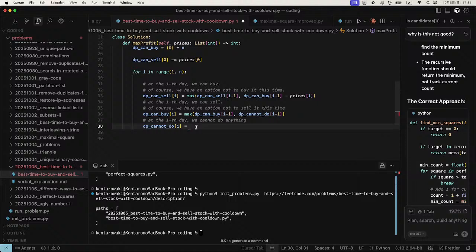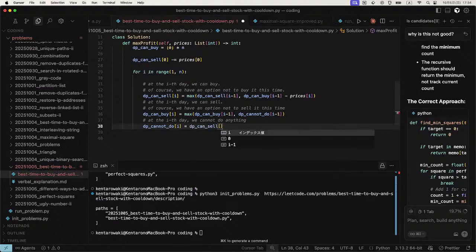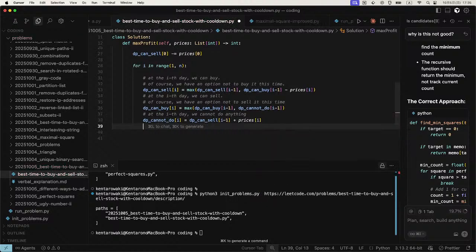So DP can sell the stock i-1. That's the profit at the i-1 day, and make profit by selling a share of stock with the ith price. That's it.